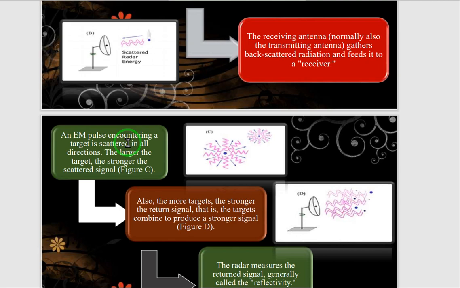That means a pulse that has been received is scattered, and if the scattering is stronger, that means the object is larger.